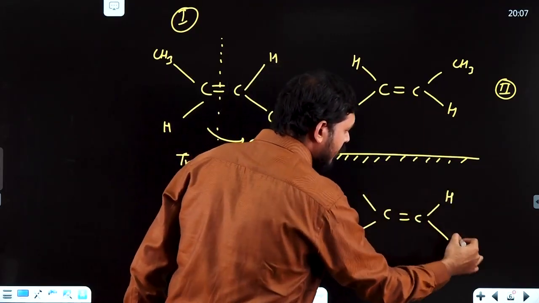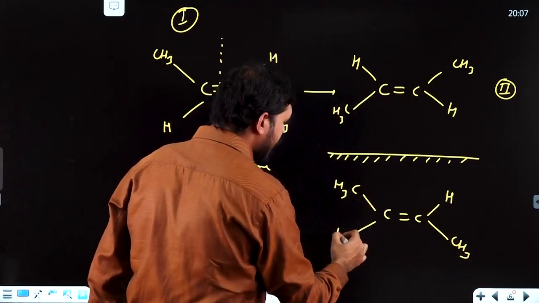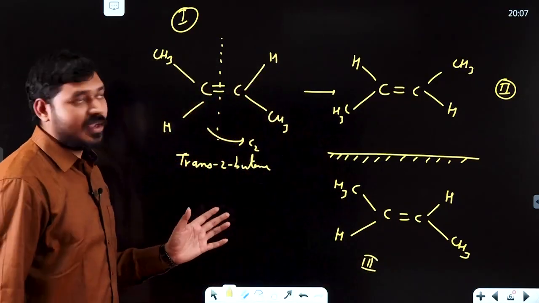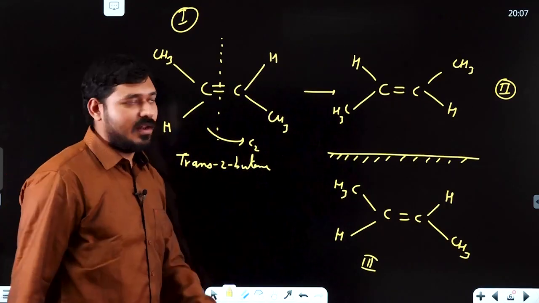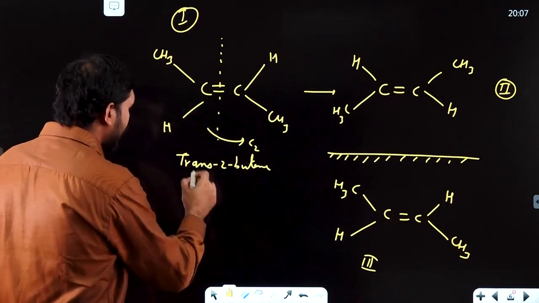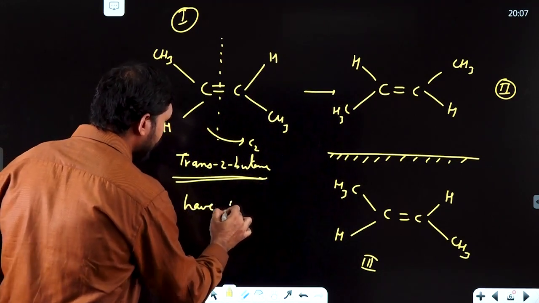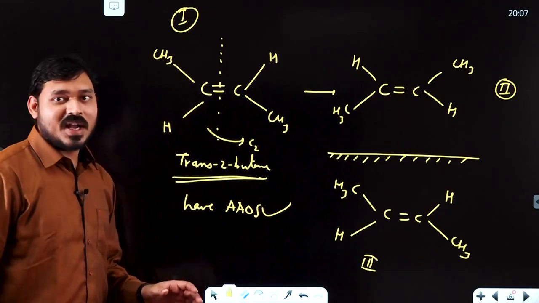H will come here, CH3 here, this CH3 will come this side, and H here. This is the third one. On observing, we find that first and third are identical. This means compound number 1, trans-2-butene, has AAOS. Okay. So guys, note it down.